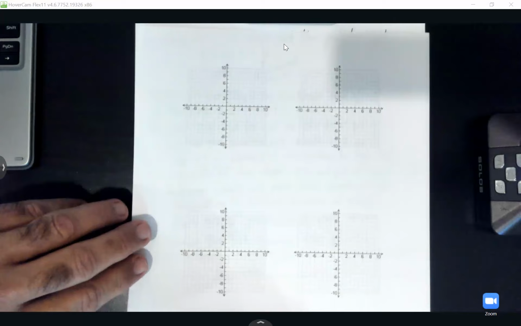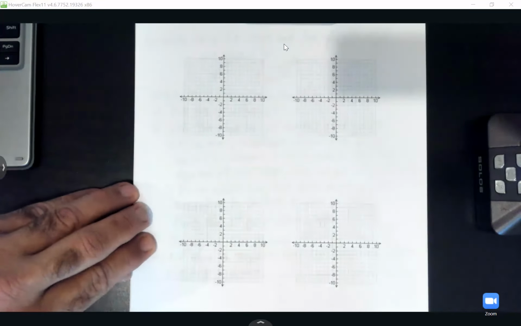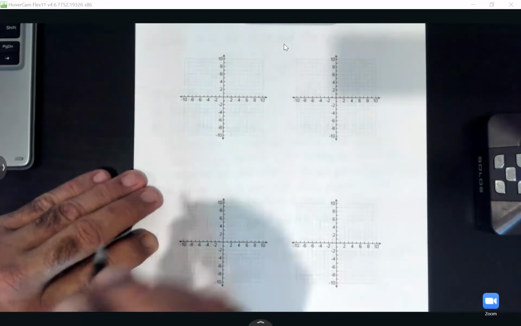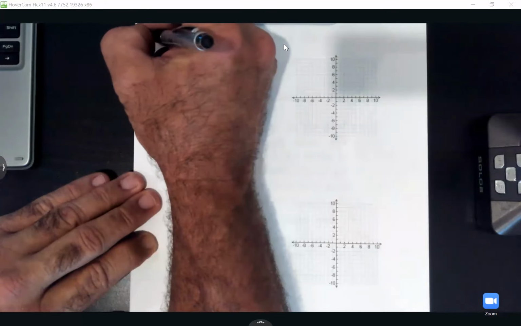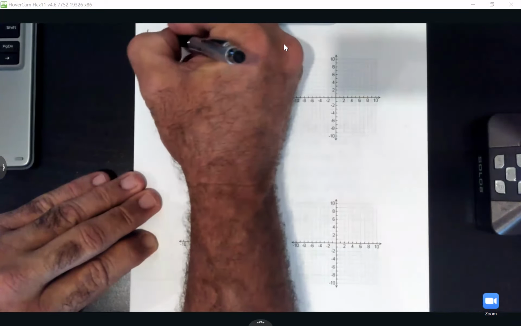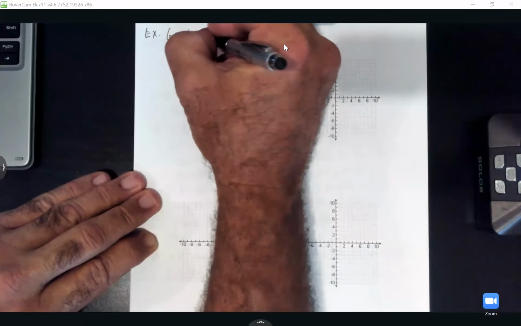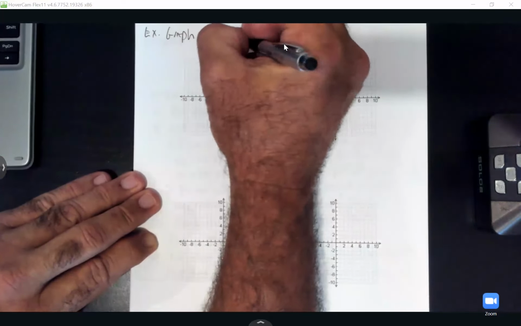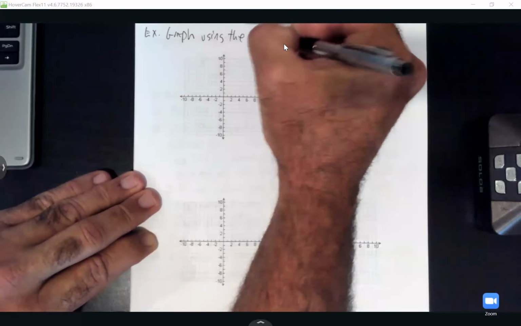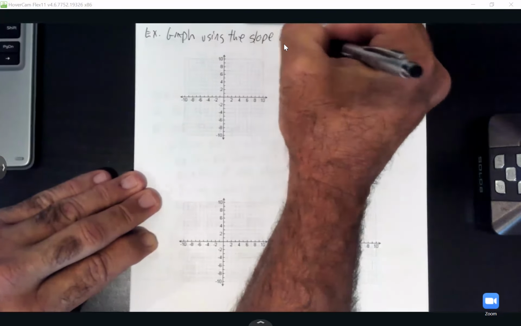So let me show you some examples of graphing using the slope intercept. So on these examples, we're going to graph using the slope and the y-intercept.